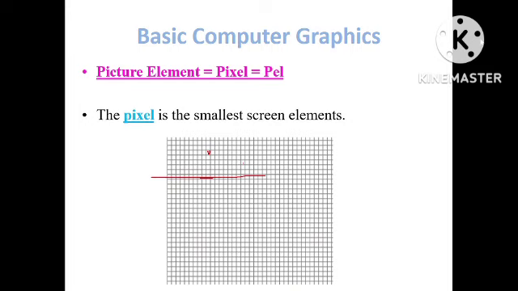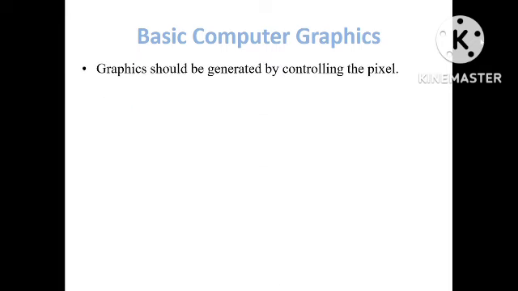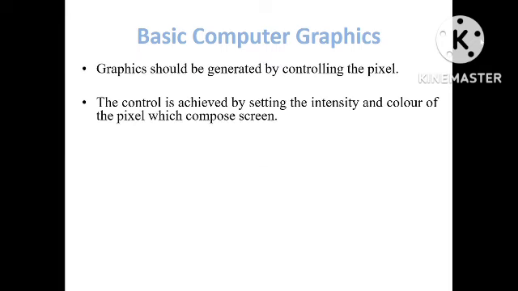The resolution also gives the intensity of the image. So the smallest element of a screen is called a pixel. Graphics are generated by controlling the pixels.